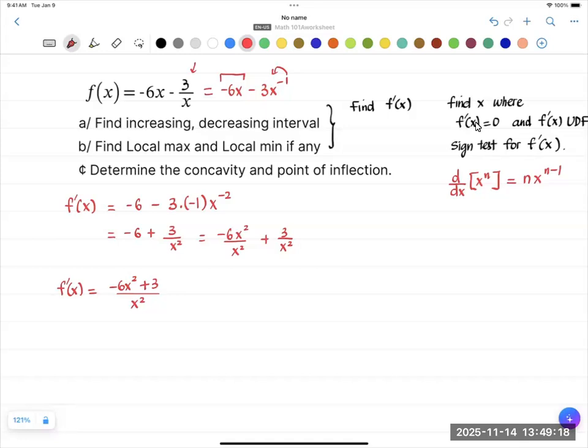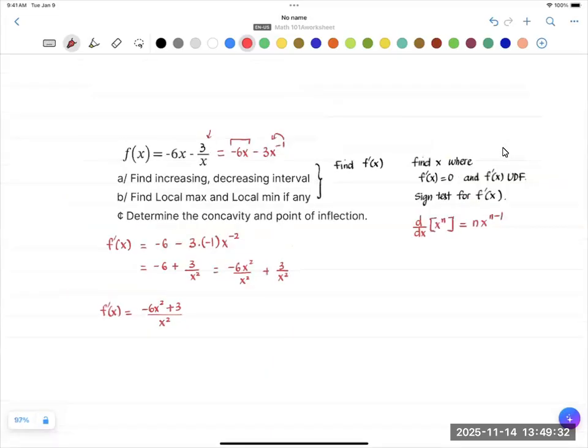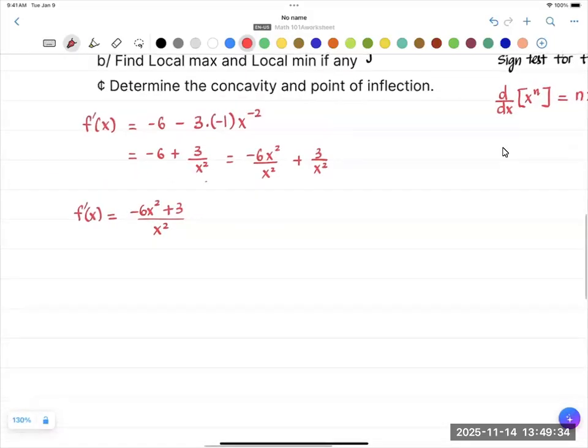Now, in order to find where f prime equals 0 and where f prime is undefined, since this is a rational function, the function will equal 0 when the numerator equals 0 and be undefined when the denominator equals 0. So we set the numerator equal to 0 and the denominator equal to 0, and then solve for x.